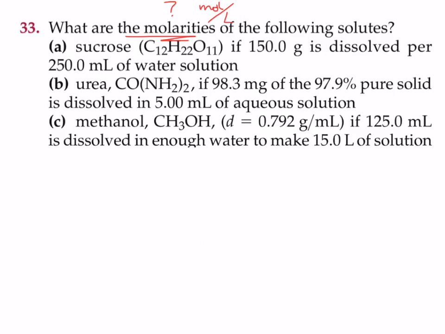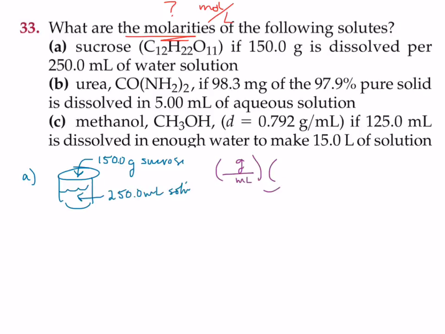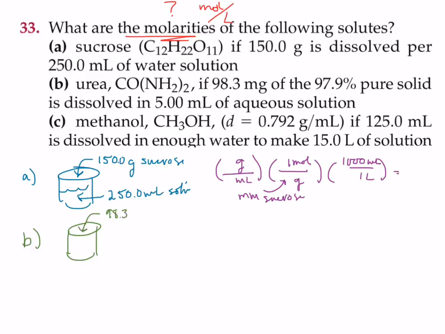I would draw a picture. Looks like we have 3 different solutions, so we have 3 parts to this one question. Here's the picture that goes along with A. Again, I'm just going to push these out. Some of these are not as hard as others. There's A, there's B. B is a little interesting because it's not pure, so you have to take that into consideration.